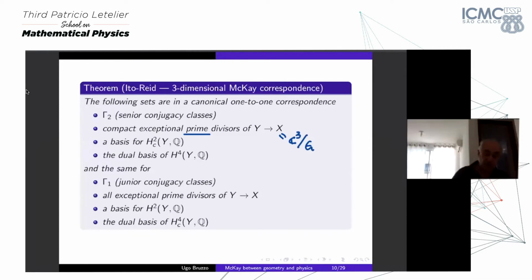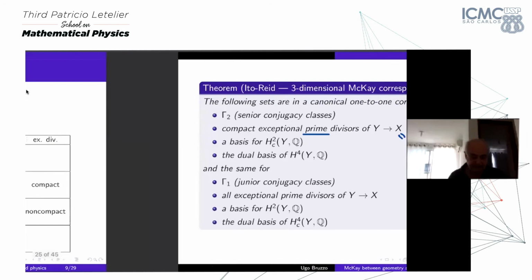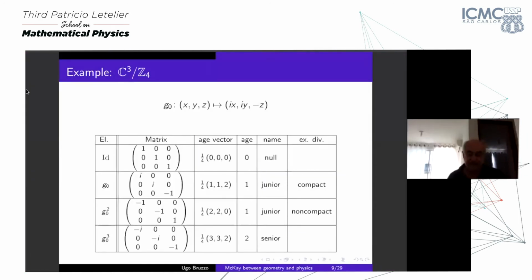So since we have all irreducible components of the exceptional divisor, we get a basis for the full second cohomology group, which again, by Poincaré duality, is a dual basis for the fourth cohomology group with compact supports. You see, in our guiding example, we have two junior classes. That means that altogether we have two components for the exceptional divisor. And we have just one senior class, so that means that we have one compact component. So altogether, we have one compact and one non-compact component.